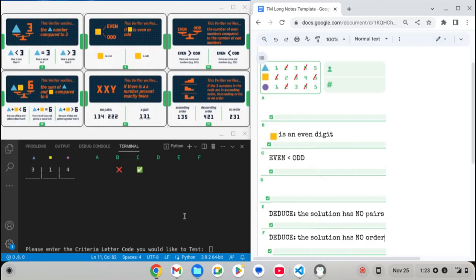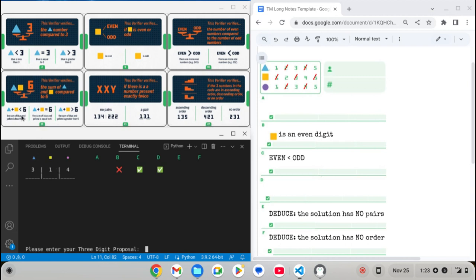Well, I guess it boils down to maybe criteria card D. Let's see if the sum should be smaller or larger than 6. Yeah, no pairs. So yeah, let's go ahead and test criteria card D. Okay, so it does agree with my proposal where the first two digits add up. So 3 plus 1 is 4.